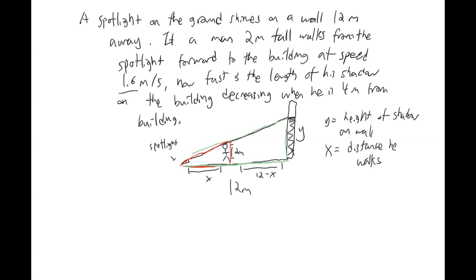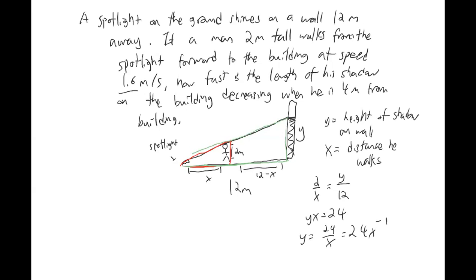The small one is 2 over x, that's the height of the small triangle over the base. And then the height of the big one is y, and the base is 12. Everyone agree? So let's cross multiply. Then xy is 24, and I want y prime, so y equals 24 over x. If you like, it's 24x inverse.